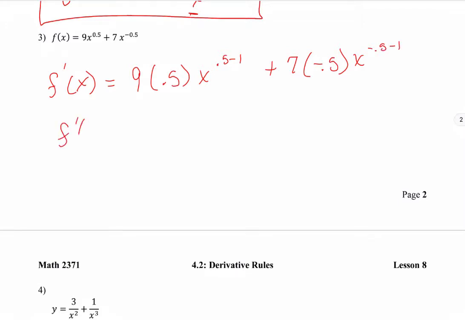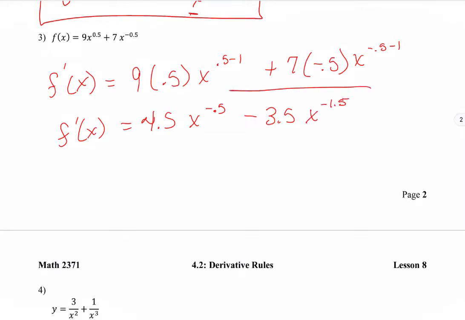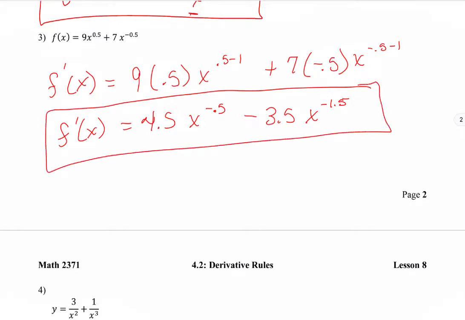So f prime of x equals 4.5 x to the negative 0.5 minus 3.5x to the negative 1.5. And that's your final answer. Okay?